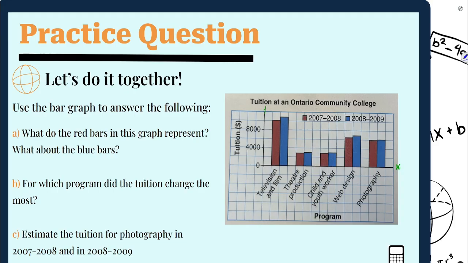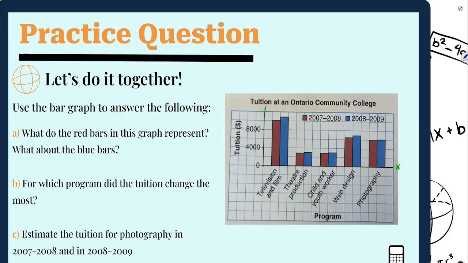Whenever you have a bar graph, you have to have this legend or this key as well. There's a little red square at the top that says 2007 to 2008. That's telling us that all of the red bars are portraying the cost of tuition for the various programs in the year 2007-2008.